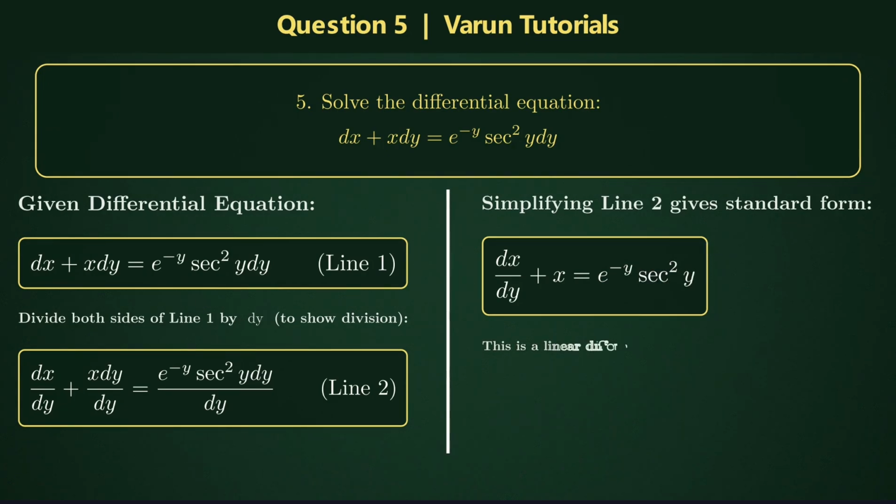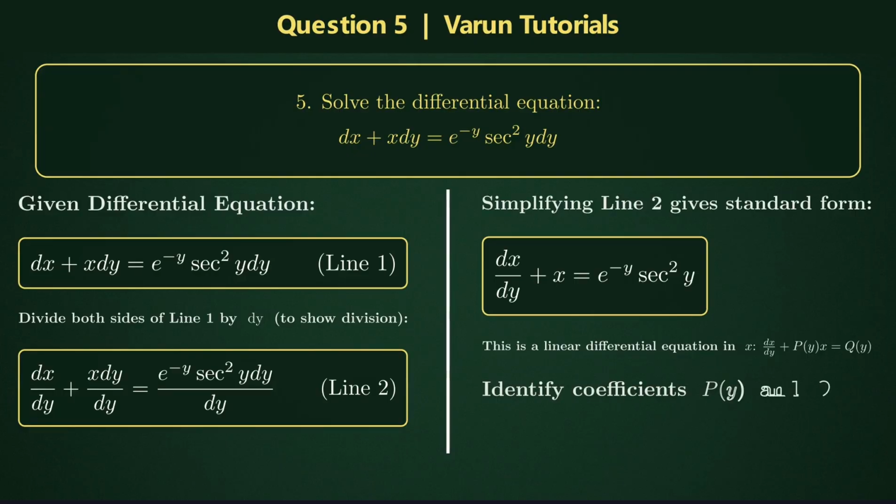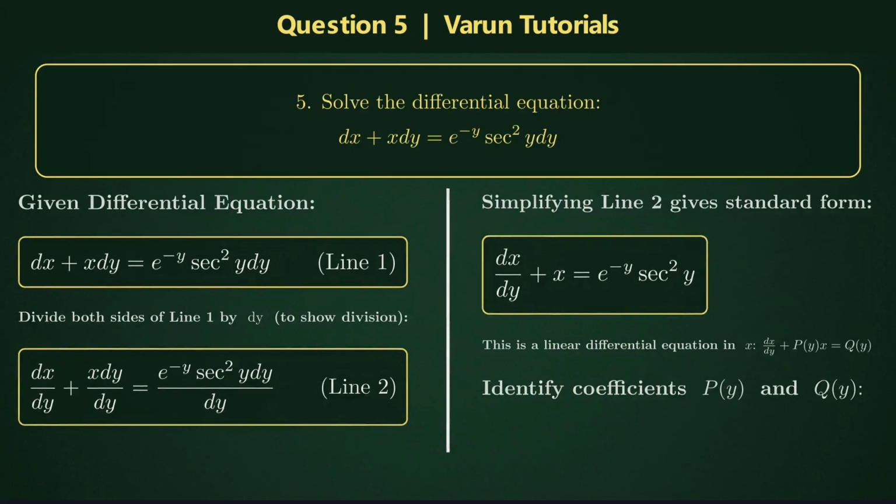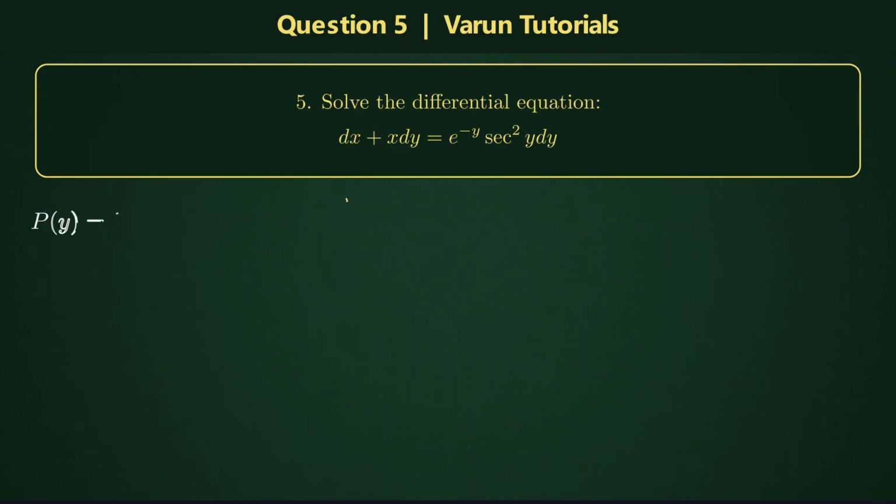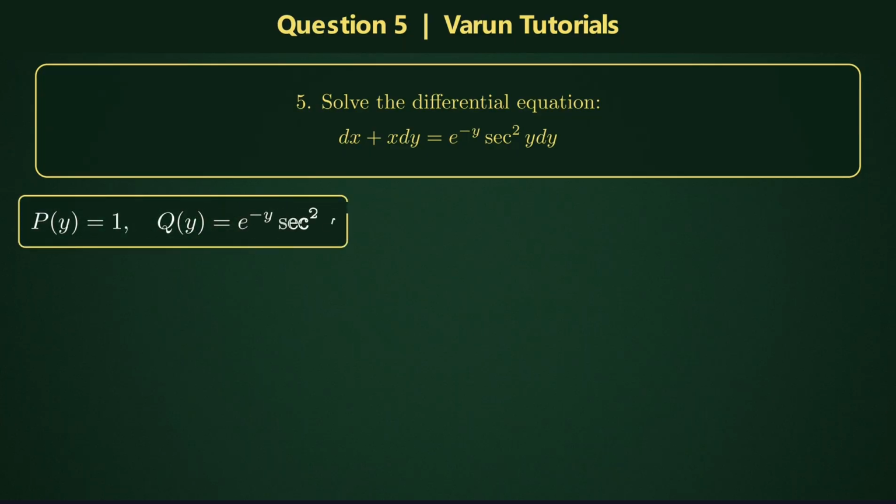This is a standard first-order linear differential equation in x, dx by dy plus p of y times x equals q of y. By comparing coefficients, we identify p of y and q of y. Here, p of y is 1, and q of y is e to the minus y times secant squared of y.